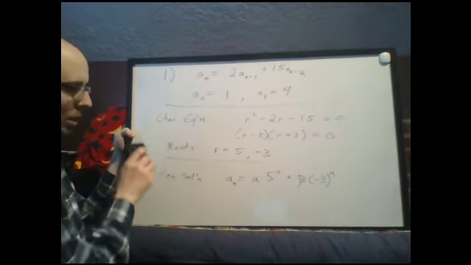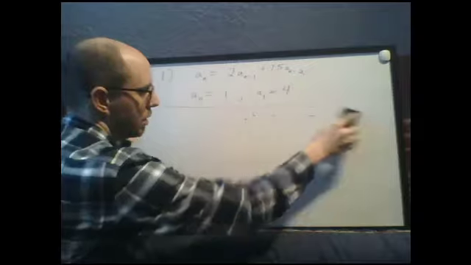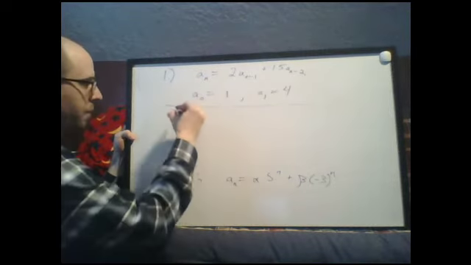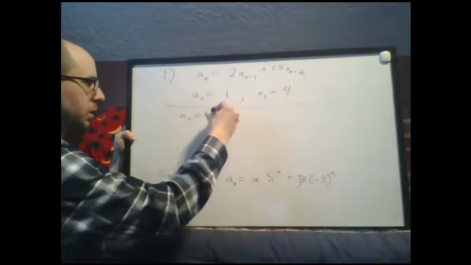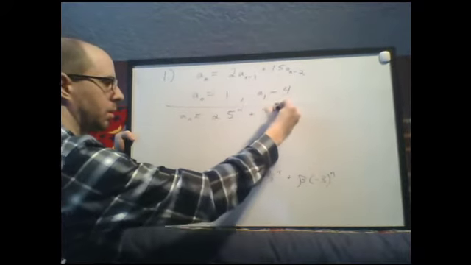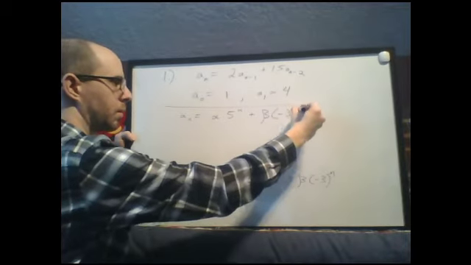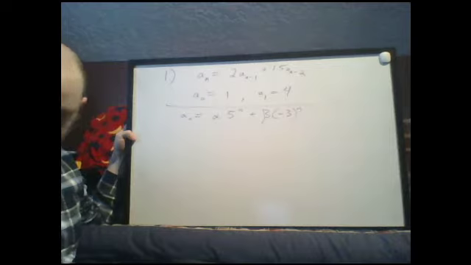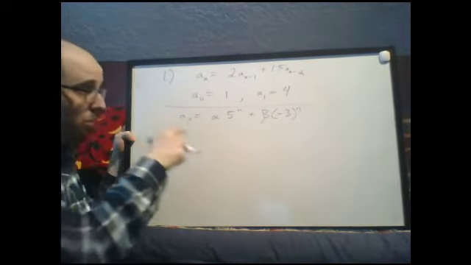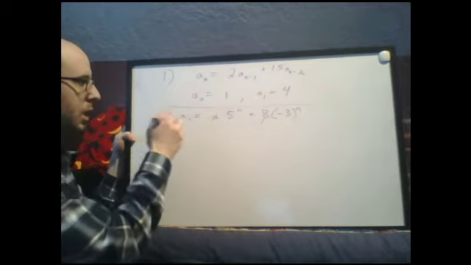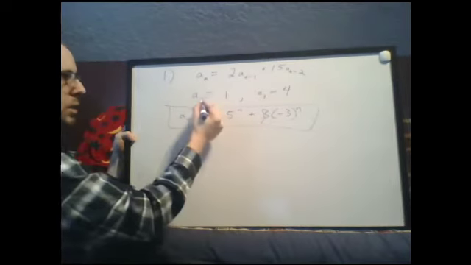All right, so let me erase. That's basically half of the problem now. We've got our general solution. Now to get the solution for this specific problem, the formula that has these two initial conditions, I'm going to plug in the subscripts.